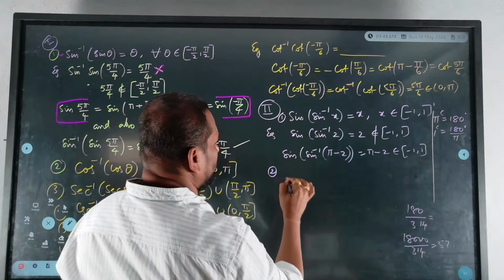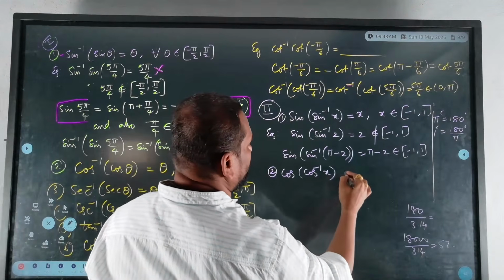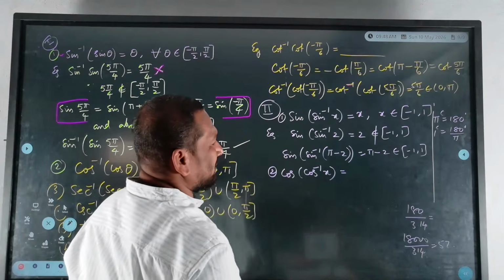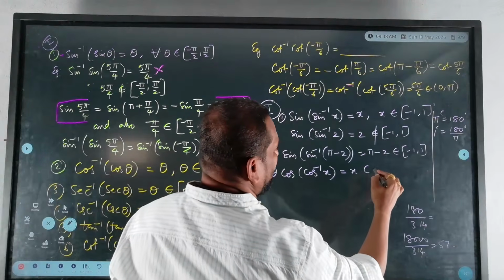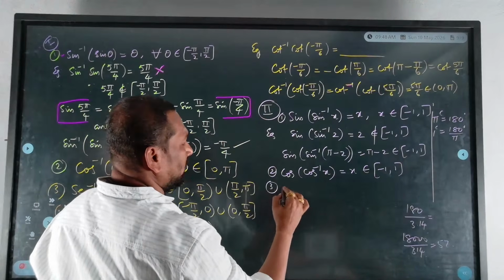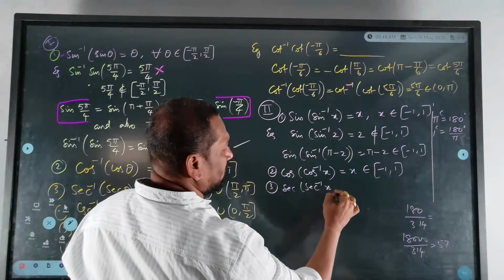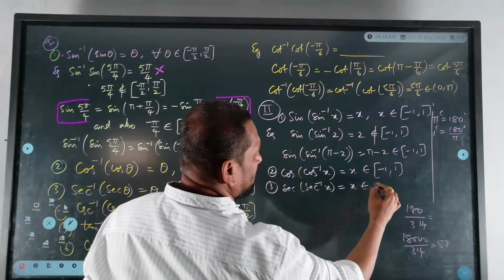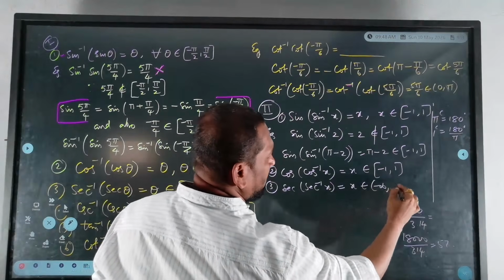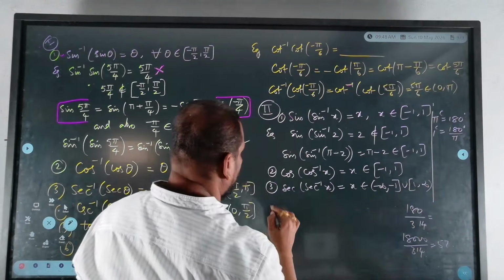Cos inverse x is also from minus 1 to 1. Secant inverse x, which is minus infinity to minus 1 union 1 to infinity.